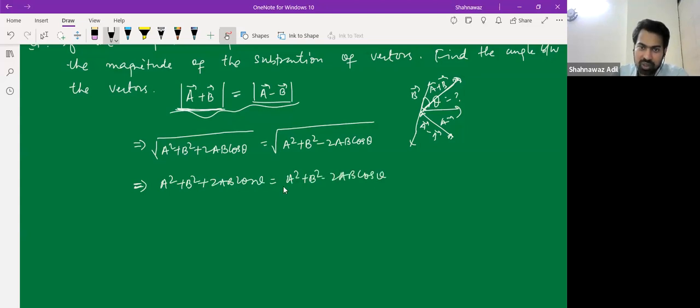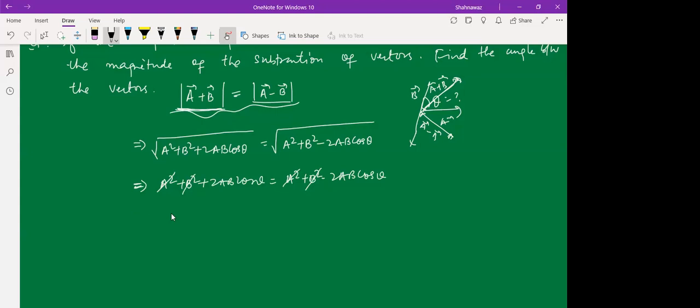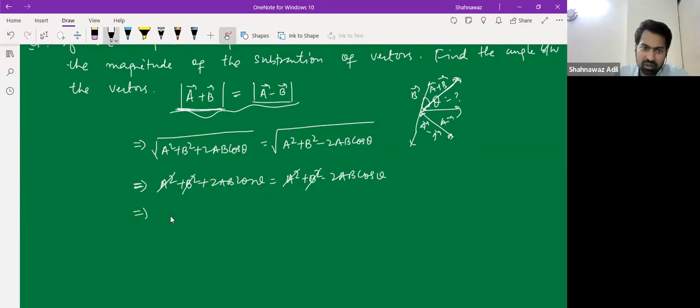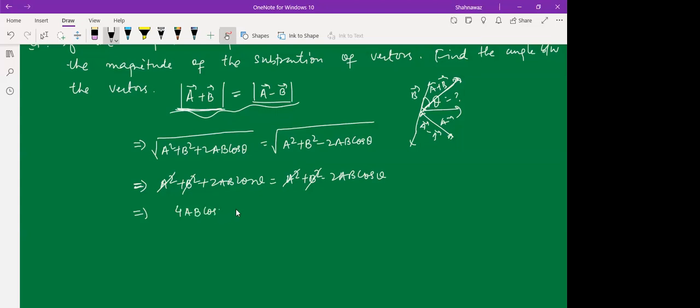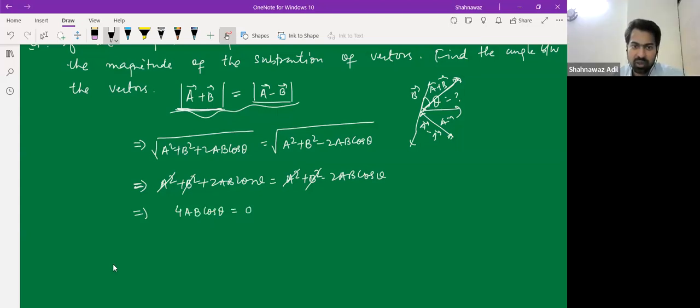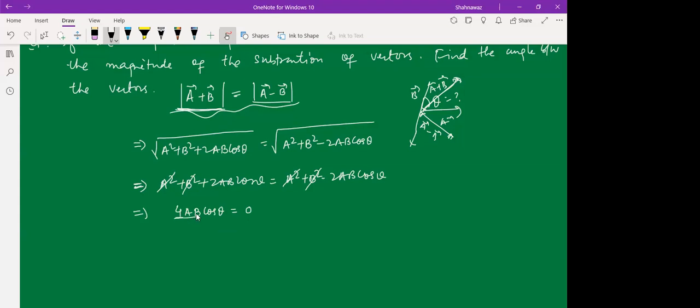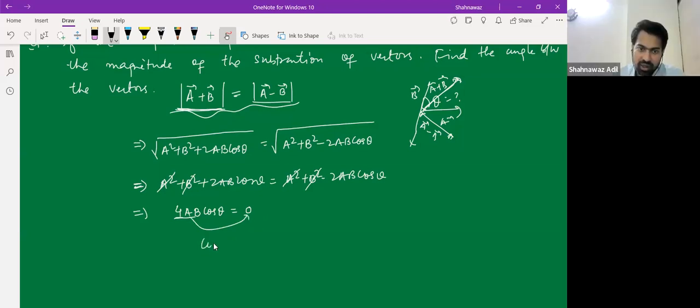So A square cancels, B square cancels, and we have 4AB cos theta equals 0. 4 cannot be 0, and A and B are not 0, so cos theta is 0.